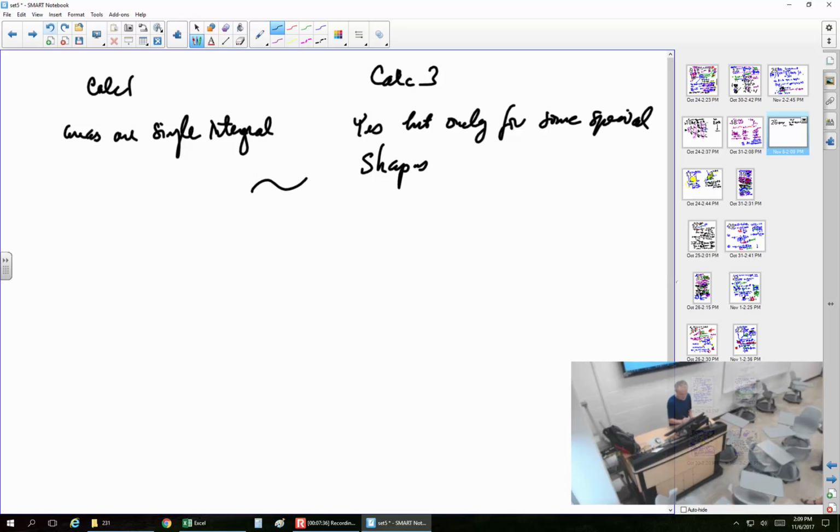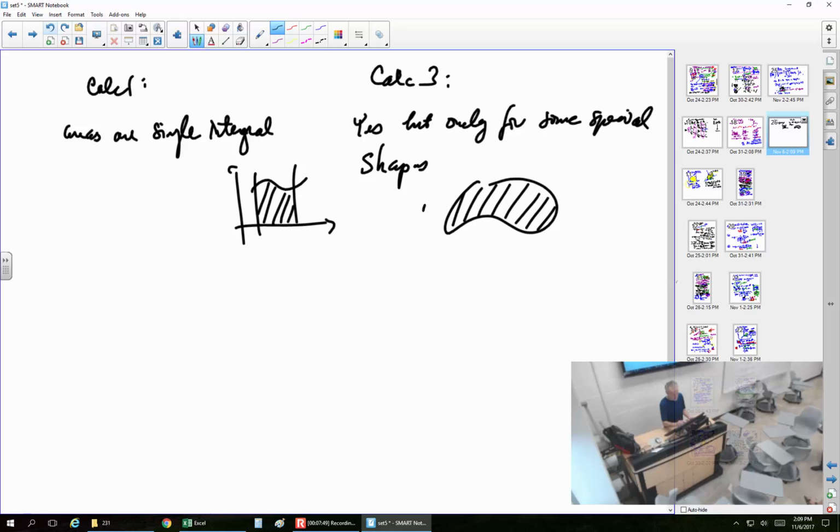So in other words, the area of this kind of region is indeed a single integral. Now we know that we could handle something like this with a double integral. So this time the answer is areas are double integrals.